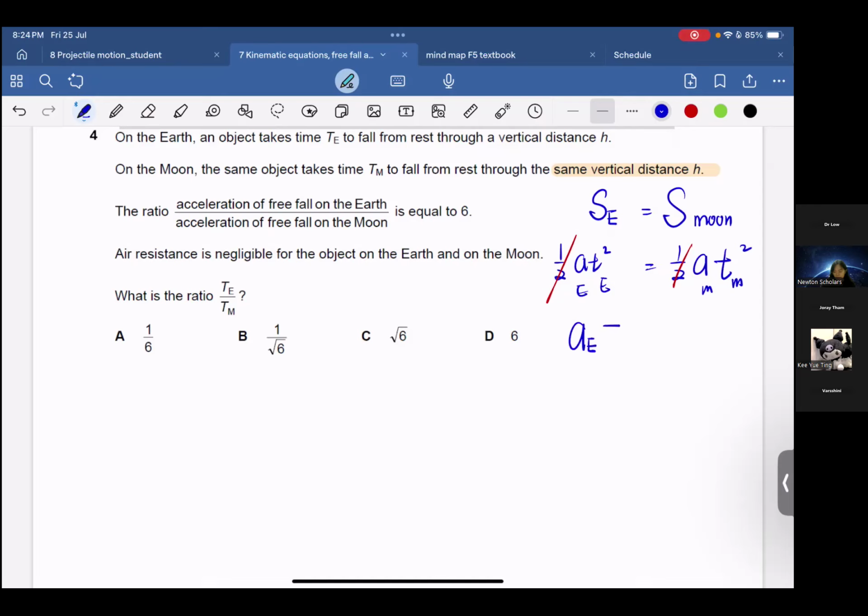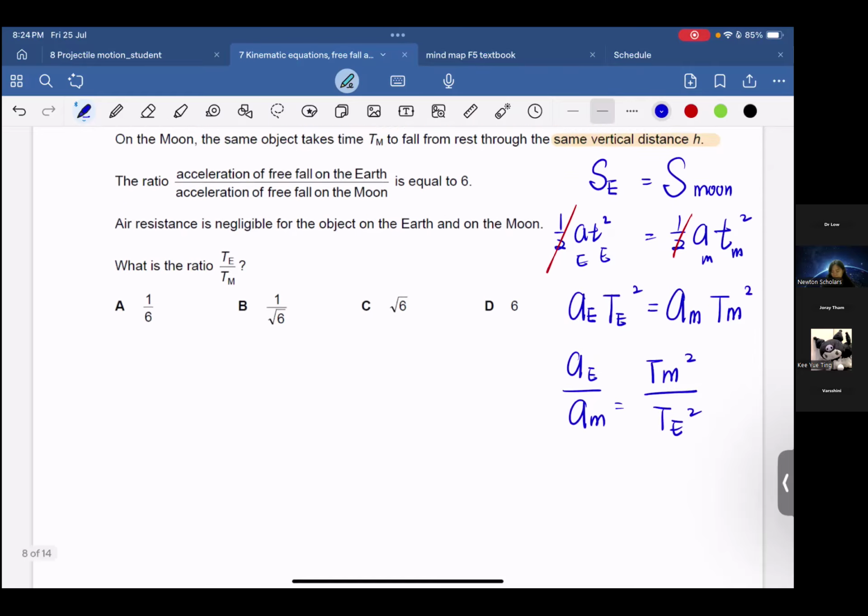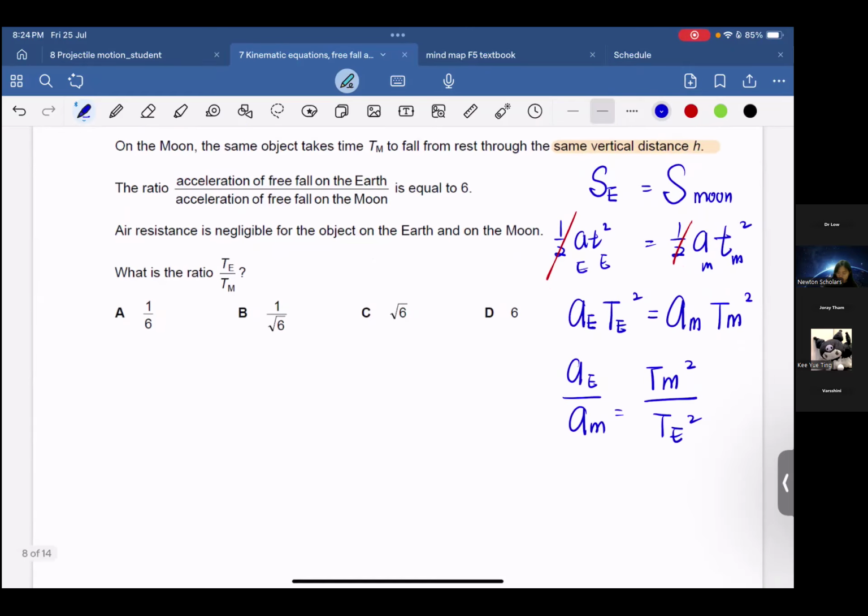Then the time is TE squared equals A for the moon, then Tm squared. AE over AM equals Tm squared over TE squared. So they told you that this AE over AM is equal to 6.